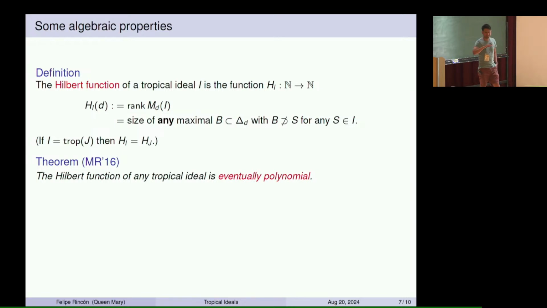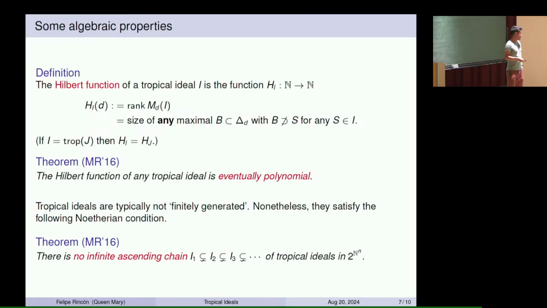And something that follows automatically from the very definition that these matrices are compatible is that this function eventually, for large enough d, becomes a polynomial in d. The ranks of the matrices stacking one on top of the other cannot be completely arbitrary; at some point they need to become eventually polynomial. So that's something nice. You have some kind of Hilbert polynomial, which is what you would call this for an ideal with coefficients in a field.